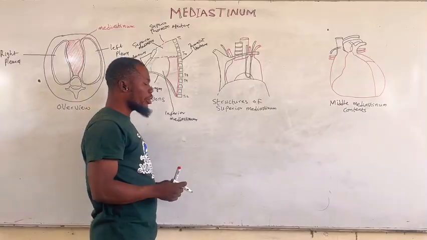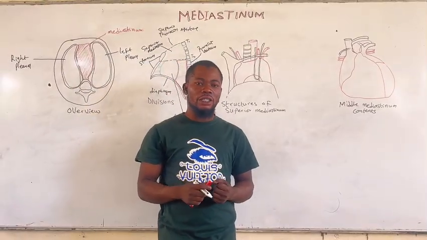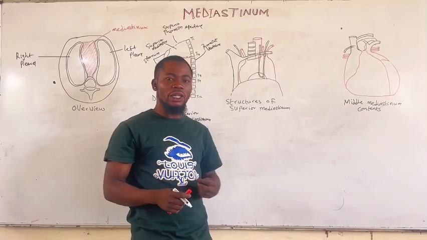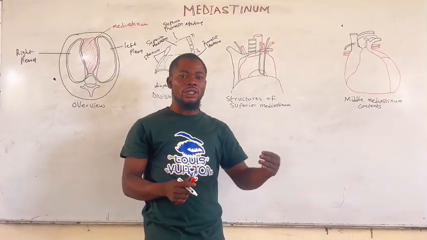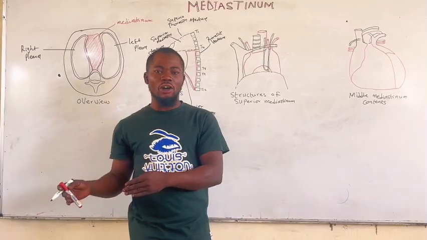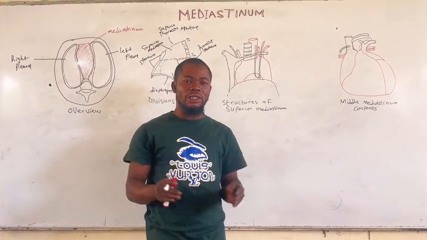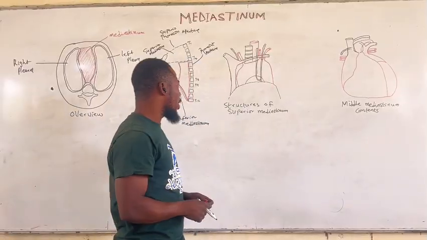And the inferior mediastinum is further divided into three by the pericardium that houses the heart. The mediastinum present in front of the pericardium is called the anterior mediastinum. The mediastinum at the back of the pericardium is called the posterior mediastinum, while the pericardium itself forms the middle mediastinum.